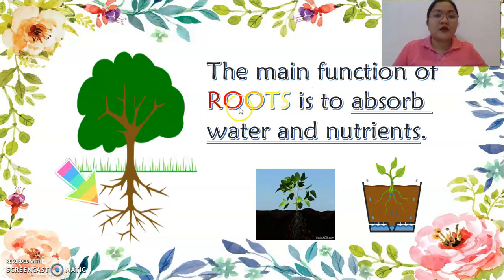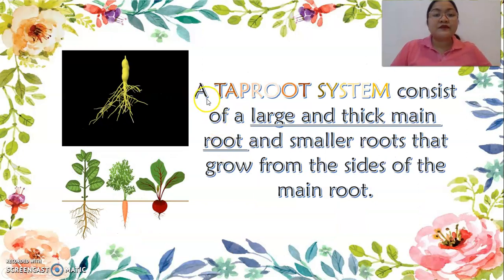Very good. So where can we find the roots? We can find the roots at the bottom of the plant. Roots have two types. Number one, we have the taproot system.